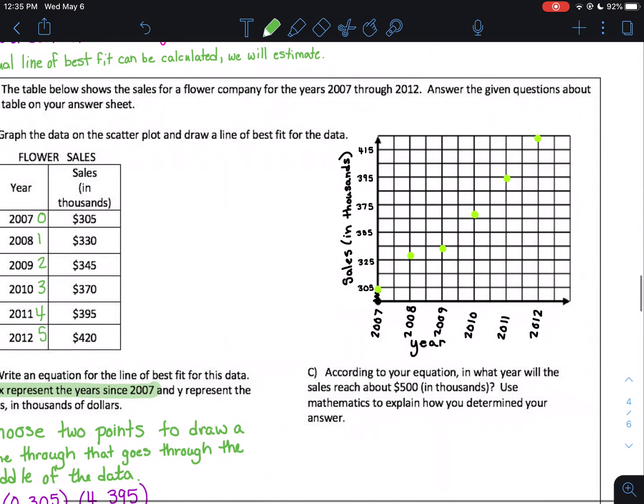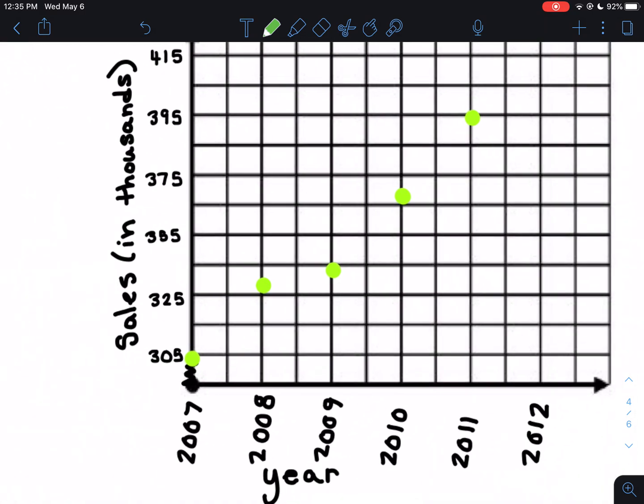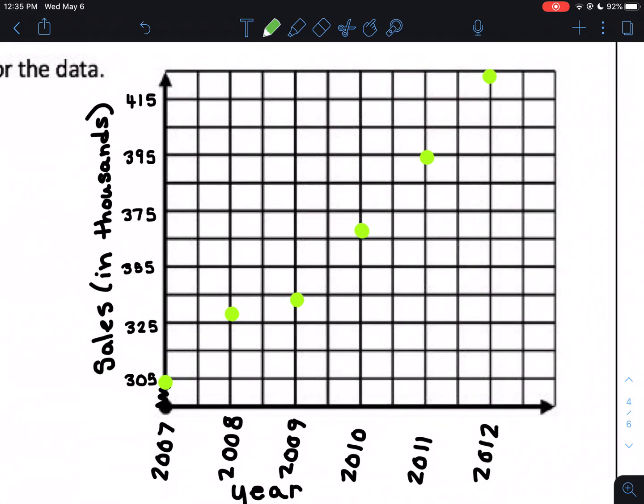When you're picking your points, like I said, there actually is a way to calculate. We're just going to estimate. Your goal is that your line goes through the middle of the data. So that means if it can't exactly go through every point, when you draw it, you're going to have about the same above and below this line. So I'm going to pick the very first point and this fourth point here.